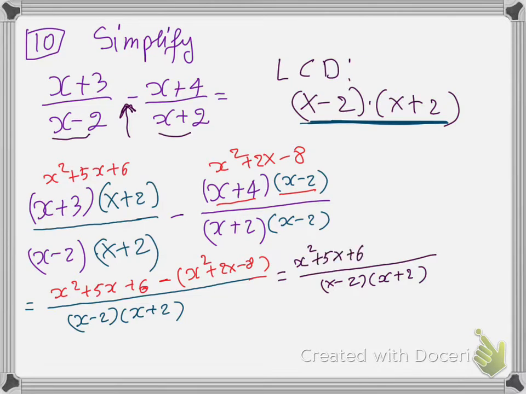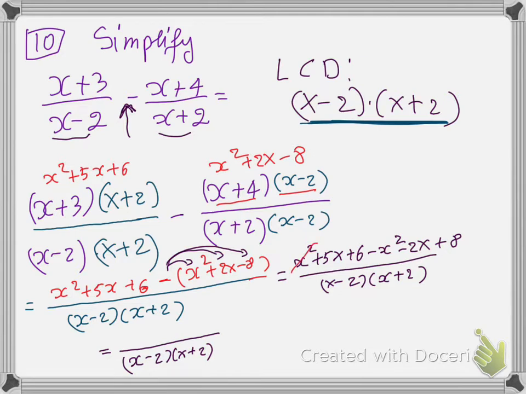Then I'm going to distribute the negative into each of the terms of my second quadratic expression. So minus x squared minus 2x plus 8 equals, again, the denominator is the same, x minus 2 times x plus 2, just carry it over, and then combine like terms in the numerator.